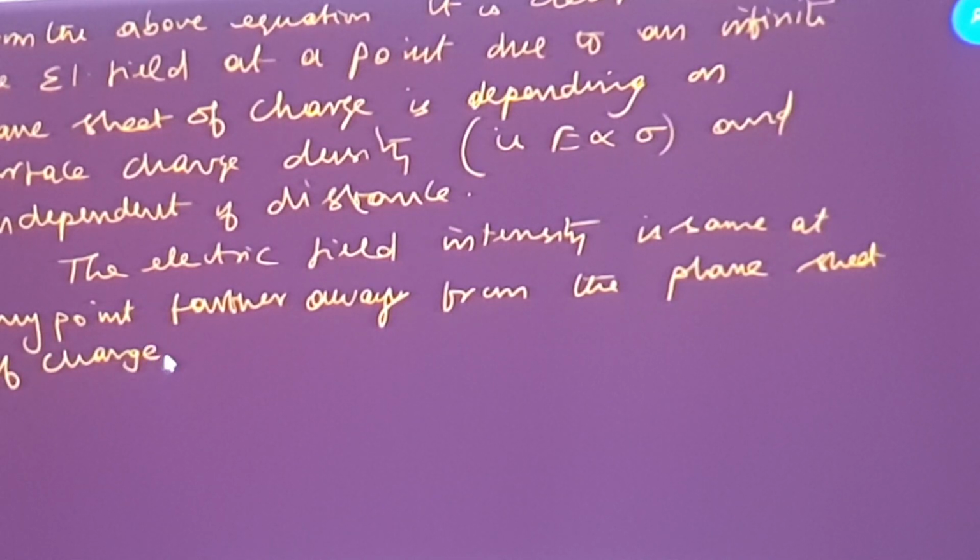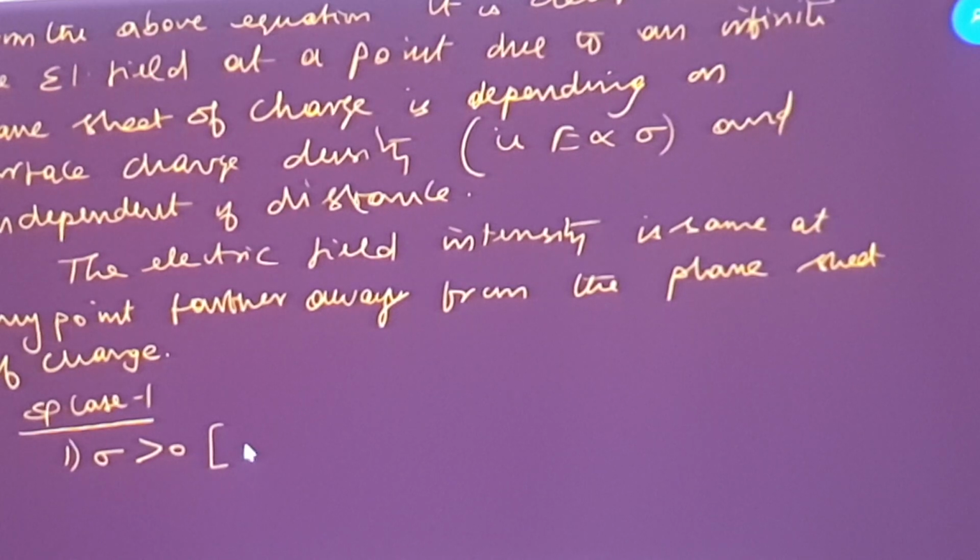Here also we can say whether the charge is positive or negative, what will happen. So here also I am writing it as cases. Special case 1 and special case 2. Considering special case 1, when you are taking the value of sigma greater than 0, sigma greater than 0 means charge per unit area is positive.